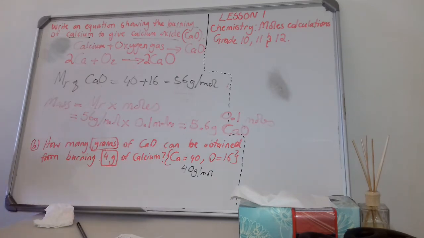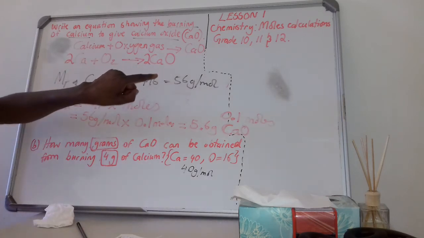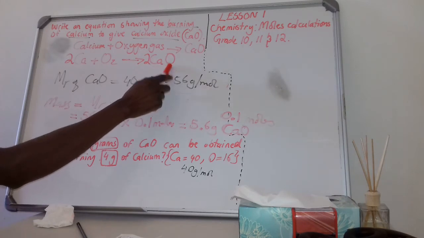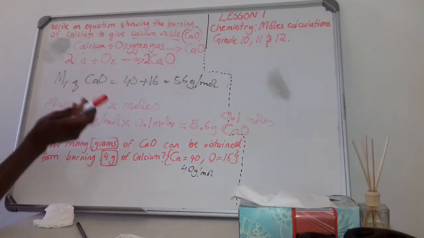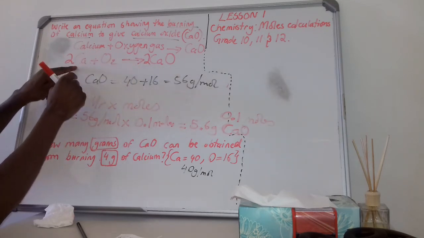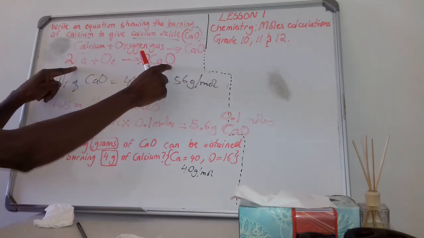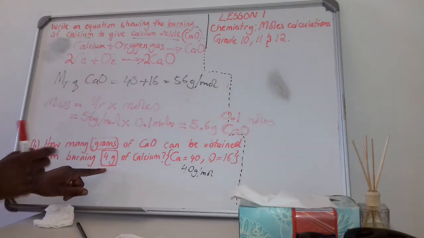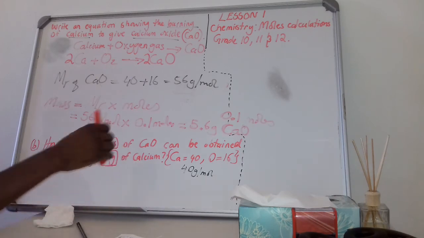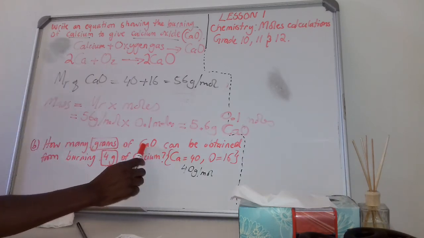I hope that is making sense to you. Remember, our task 1 was to write down the chemical equation and balance it. The first question says, how many moles of calcium oxide can you produce from 1 mole of calcium? Because the ratio is 1 to 1 or 2 to 2, 1 mole of calcium will give you 1 mole of calcium oxide. I am given 4 grams of calcium. I should figure out how many grams of calcium oxide I can get from this.